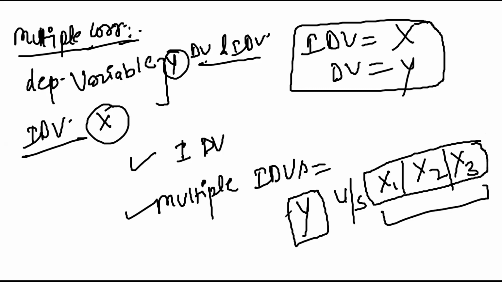Now what is the regression equation? To understand the multiple correlation, you must have knowledge about the regression. The regression equation is Y equals alpha plus beta x, right?